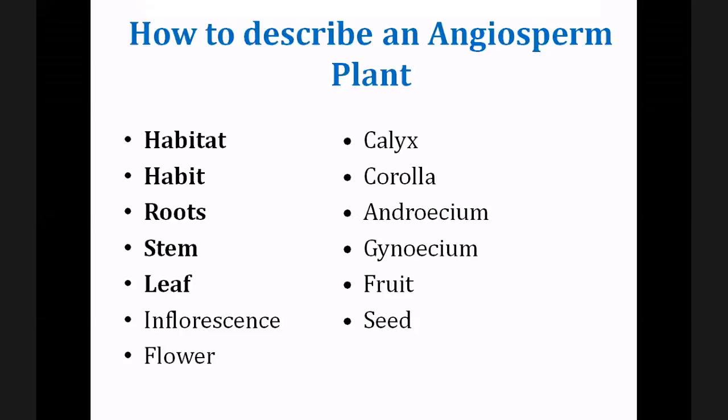Corolla means the number of petals. Androecium is the male part, the number of stamens. Gynoecium is the female part, the number of carpels. You will study these in your following practical. Today we are going to discuss the bold ones.